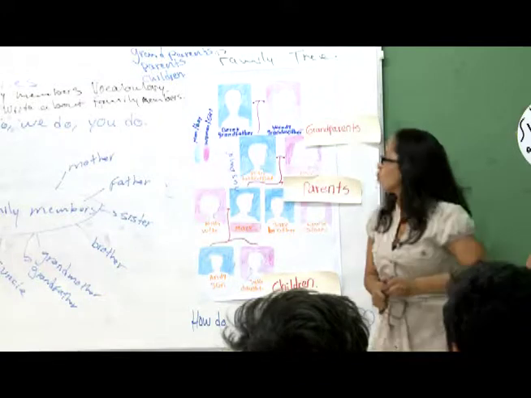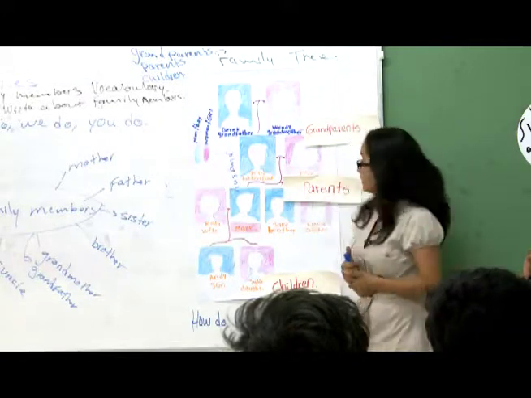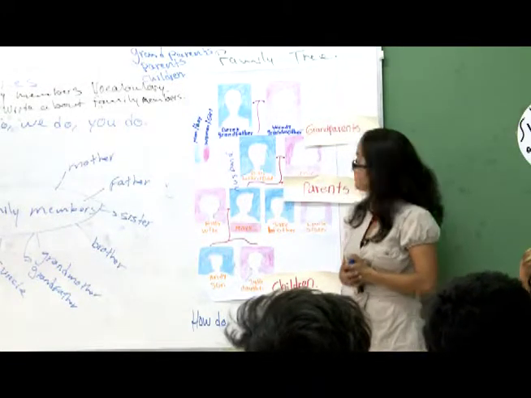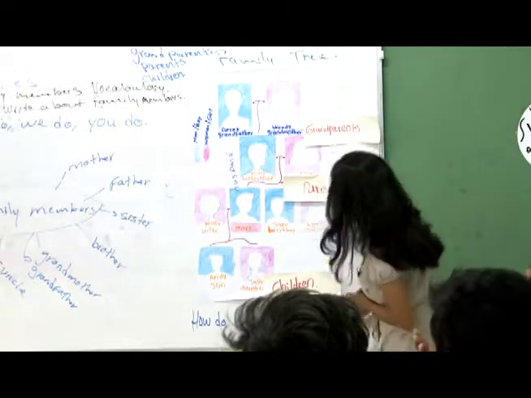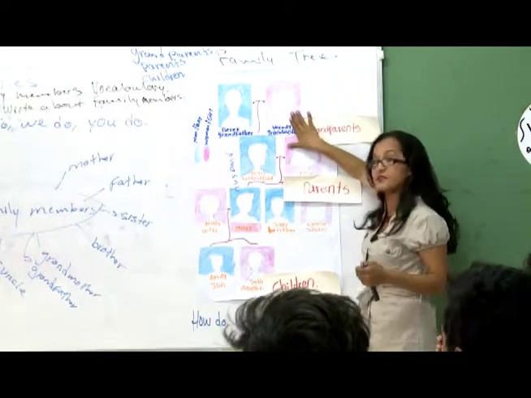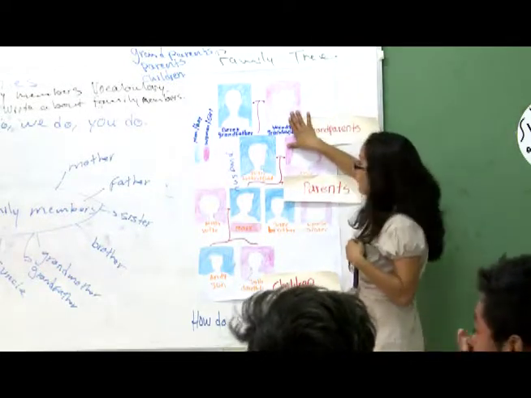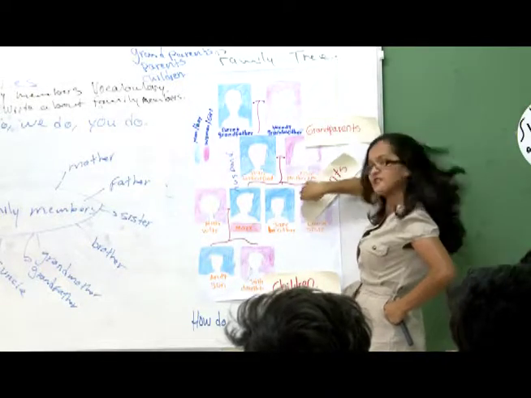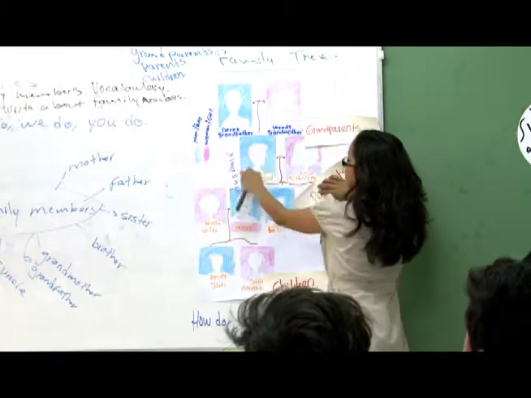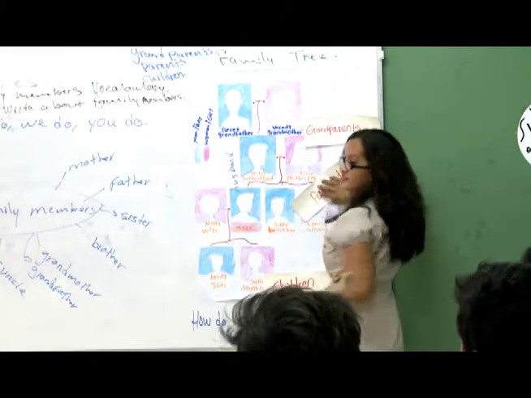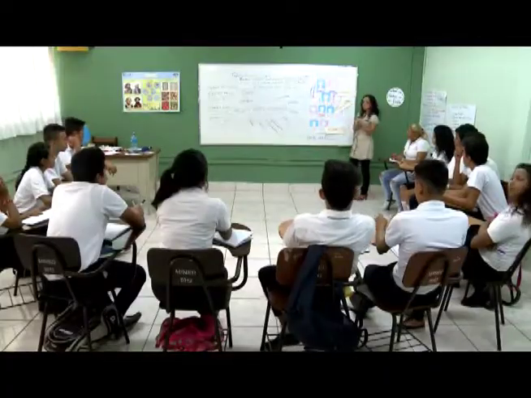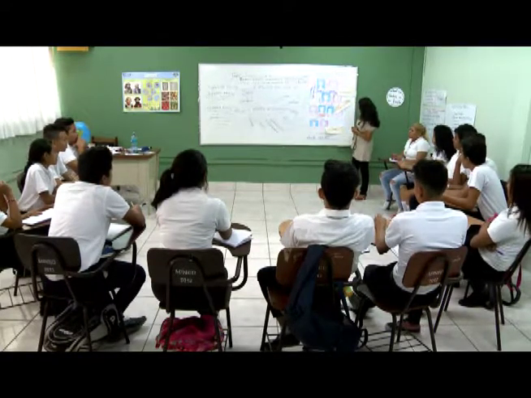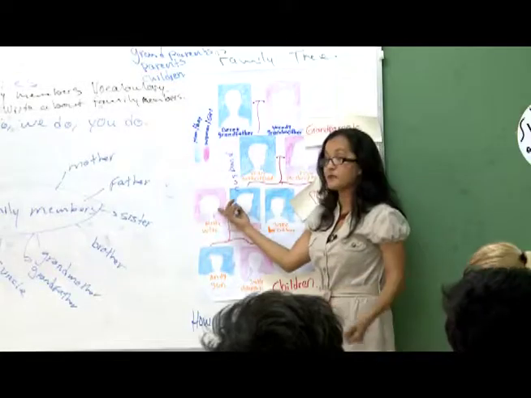Now give me one mother and a daughter. No. Wendy is the mother. And they don't have a daughter, because they only have a son. Molly. Molly's the mother.